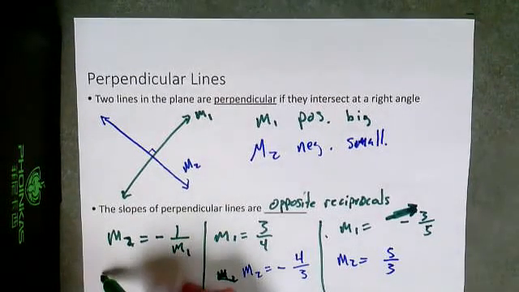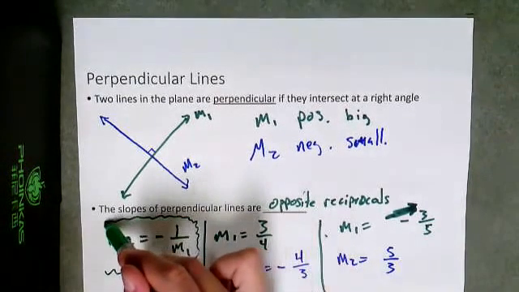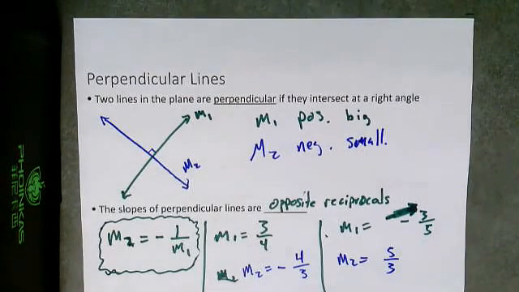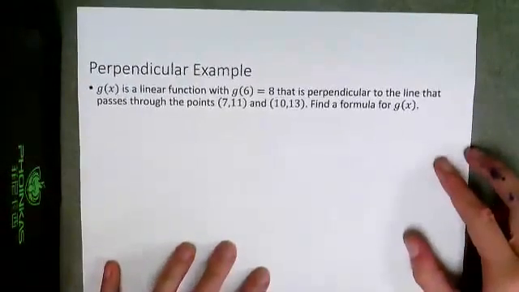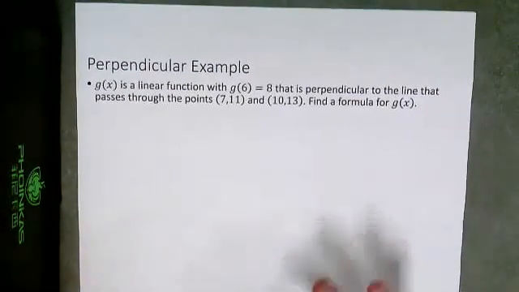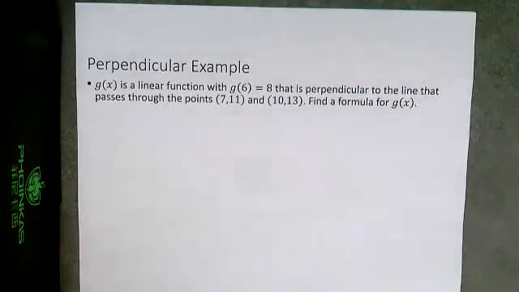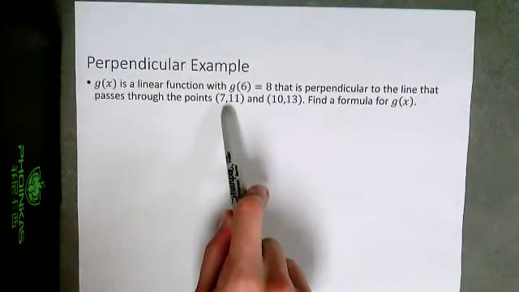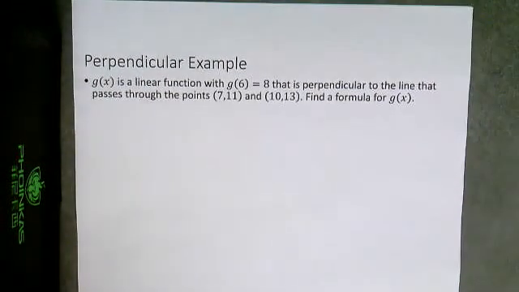This is your rule, if you will. This is the rule in words form. This is it in a more algebraic setting, if you will. So let's go on to an example of perpendicular lines. G of x is a linear function with g of 6 equal to 8 that is perpendicular to the line that passes through the points 7, 11 and 10, 13.